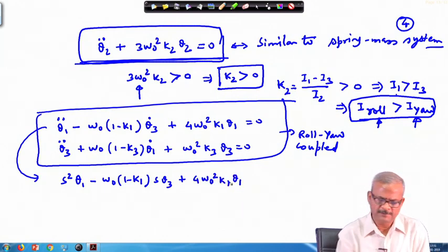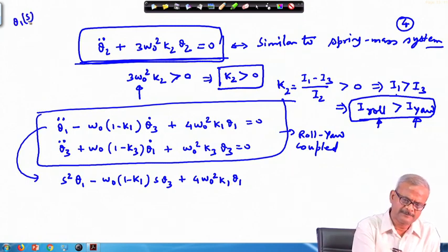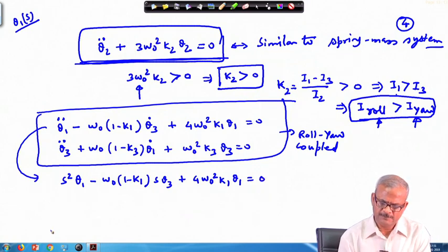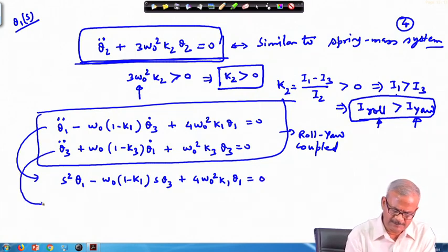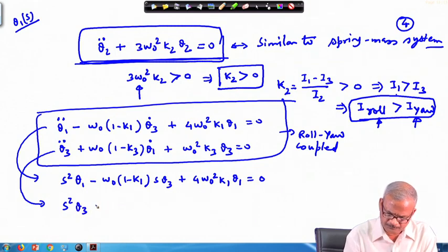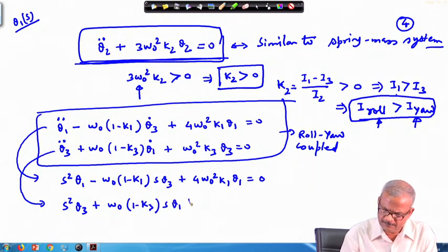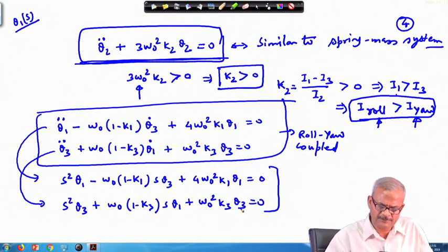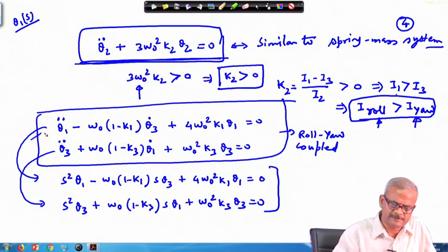This is nothing but theta 1 of s, a function of s. Similarly, we do the transform of the other equation: s square theta 3 plus omega 0 times (1 minus k 3) times s theta 1 plus omega 0 square k 3 theta 3. So, these are the two Laplace transformed equations obtained from the original two equations.